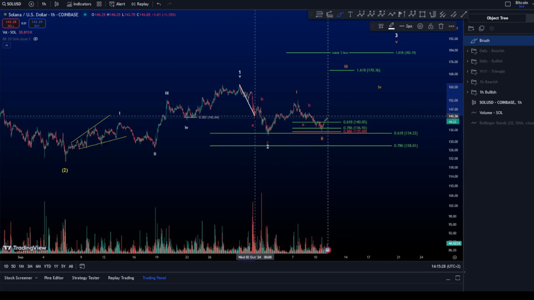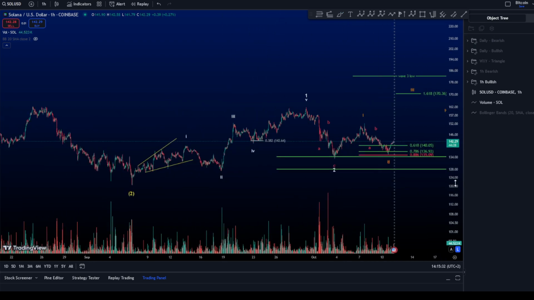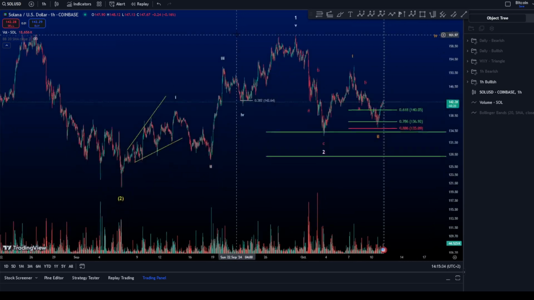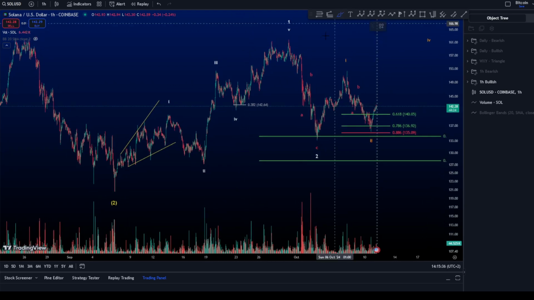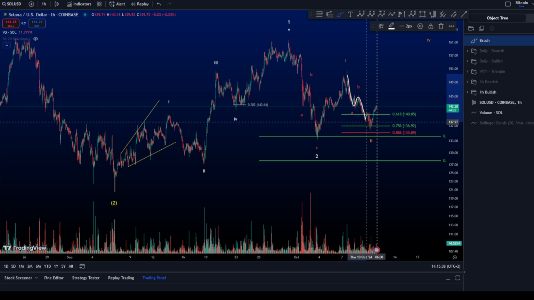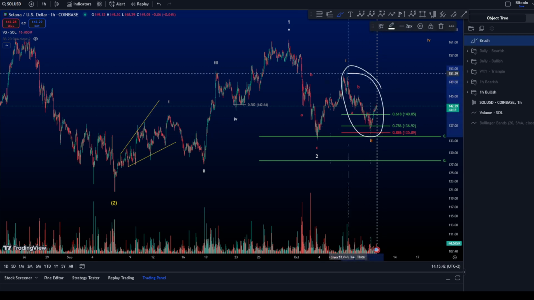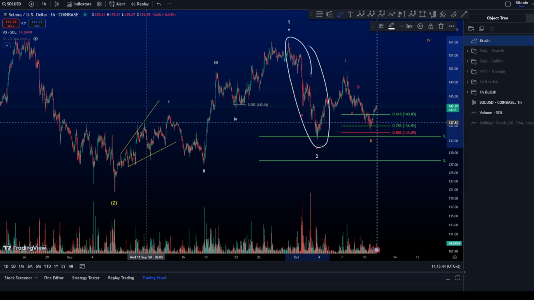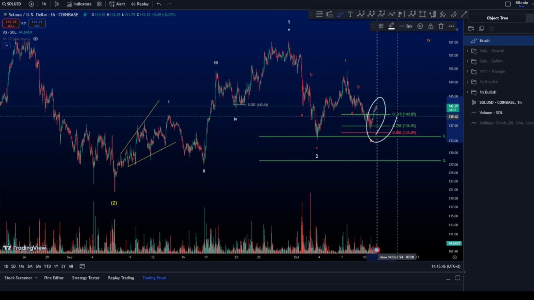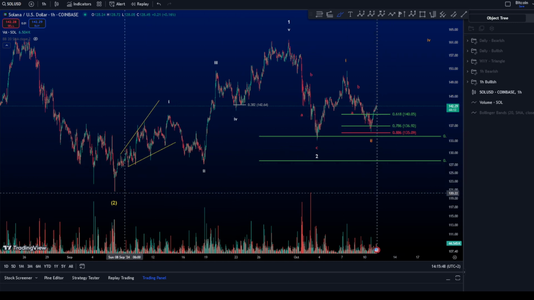Your wave 2 is an ABC towards the downside. So if you remember, this scenario was already before and we gave up on it after seeing this impulse towards the downside. However, it appears that this one is corrective and this one is also corrective based on what we saw yesterday. I'm gonna explain.